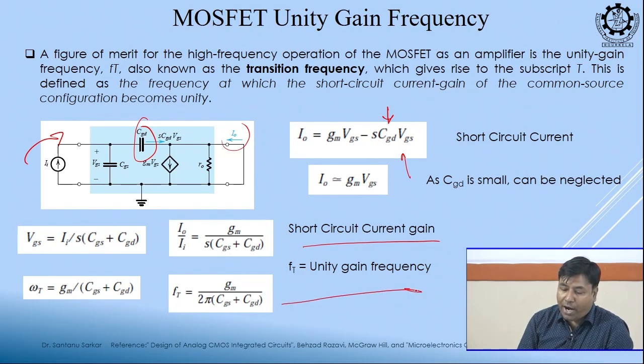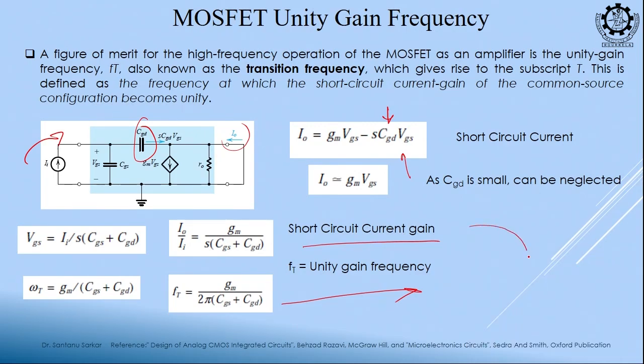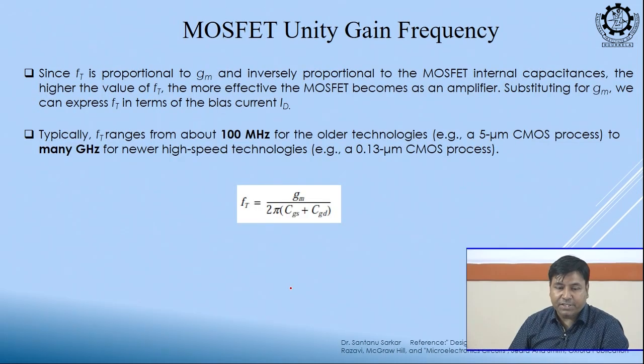This tells how fast your MOS can behave, where your frequency response will fall to unity, that is our FT. If FT is higher, that is suitable for high frequency applications, high frequency design. So, this specification is important. This is the definition of FT.